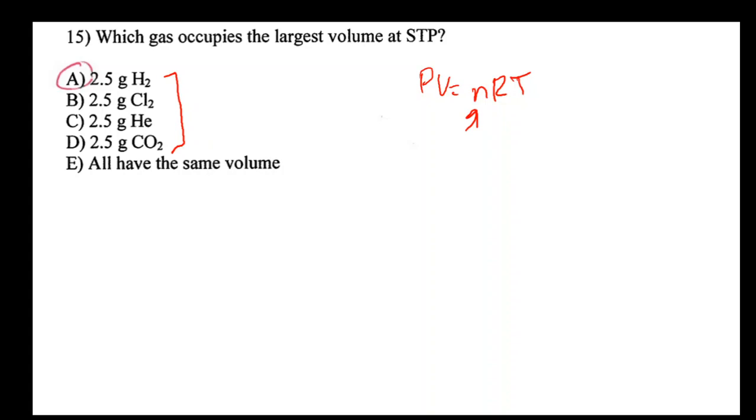So if we look at this intuitively, if one of these has the lightest molecular weight, then 2.5 grams of it would transfer to the most moles. So does that make sense? I feel like that might be confusing.